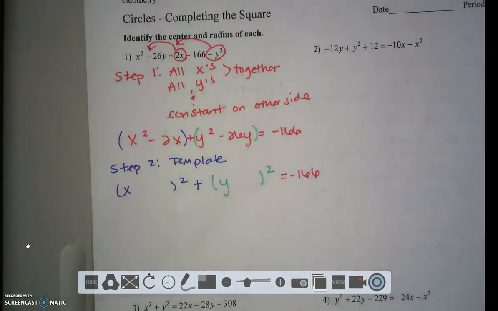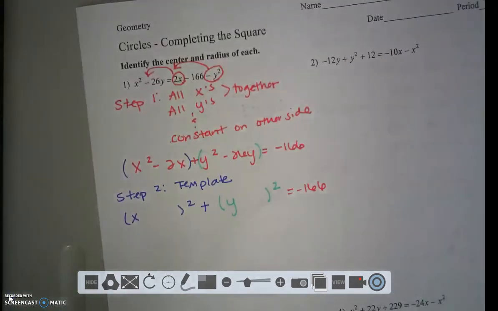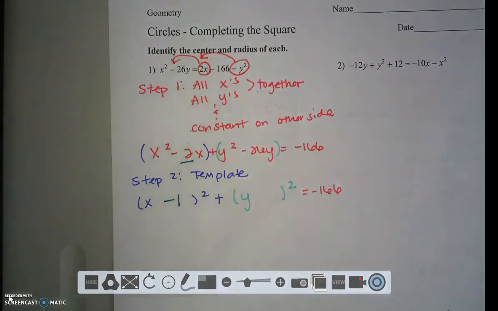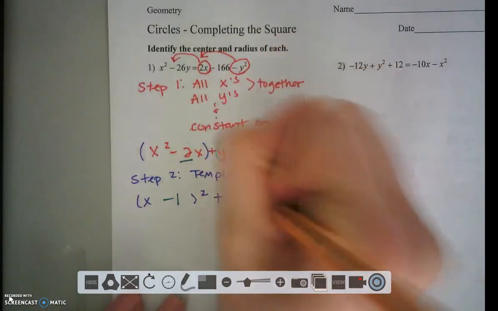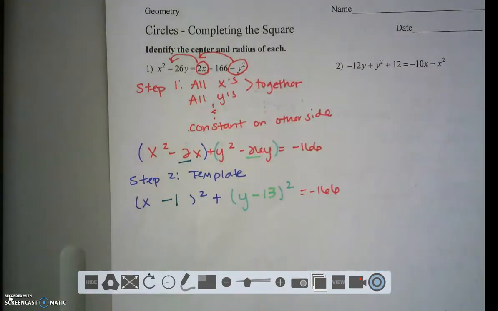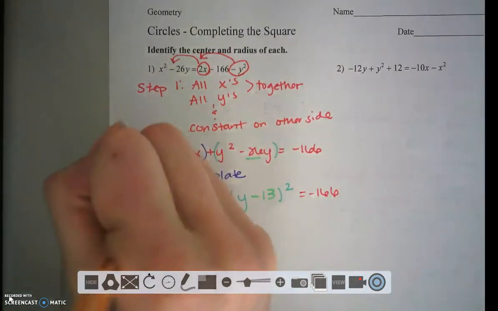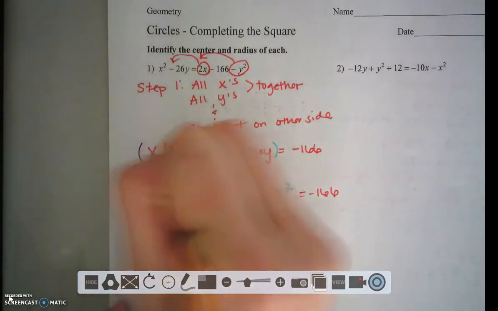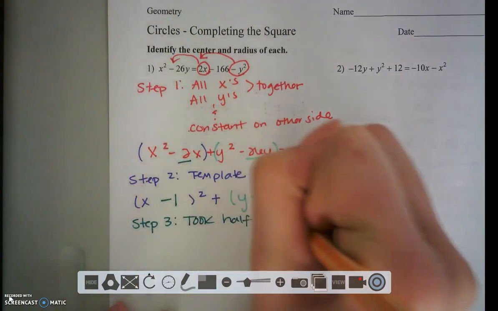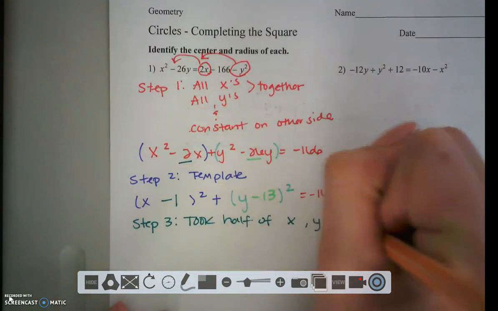So very similar to the front side, I'm still going to take half of my middle term. So half of negative 2 is a negative 1, and half of a negative 26 is a negative 13. So again, that was step 3. We took half of my x and y term.